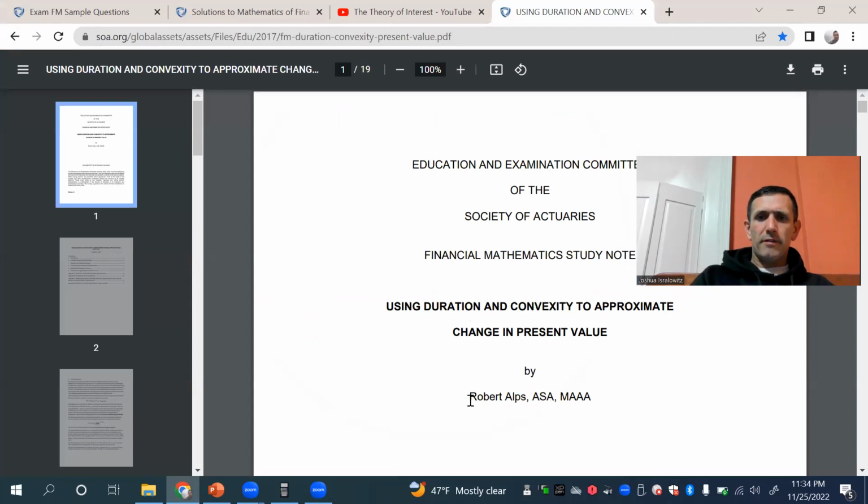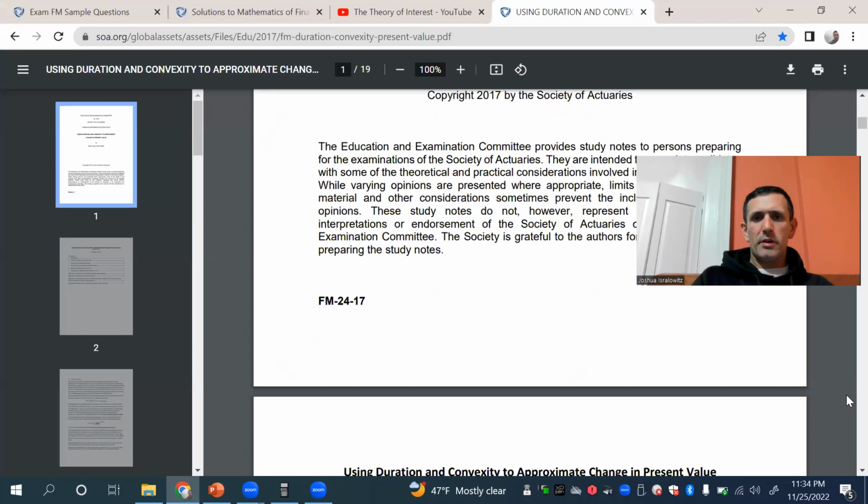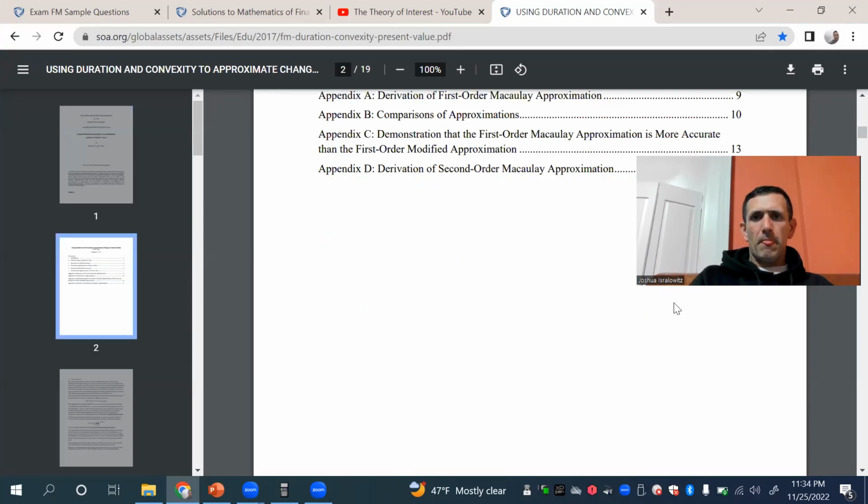It's actually been cited a few times in the research literature in finance and insurance mathematics. I'll put a link to this in the comments, but yeah, it's very technical, so I don't think it's really worth it. It's in this Appendix C, demonstration that first order Macaulay approximation is more accurate than first order modified approximation.